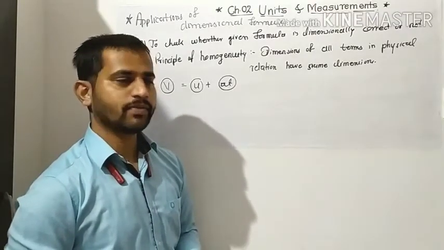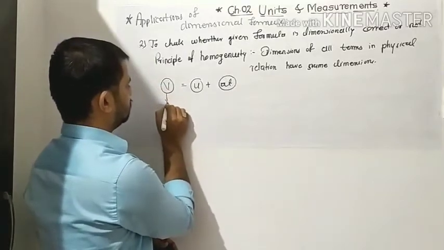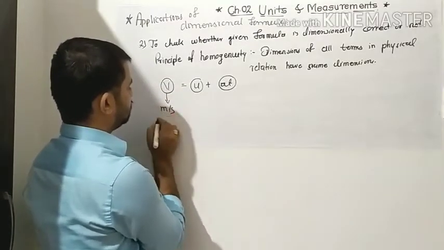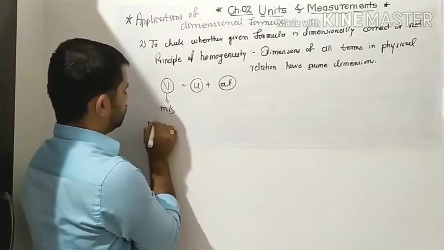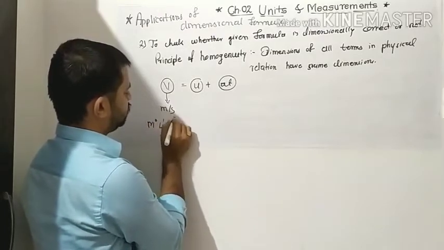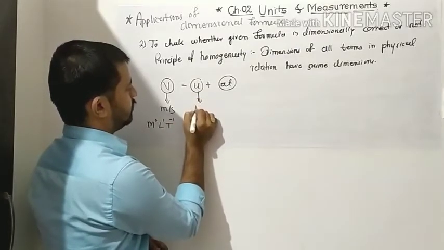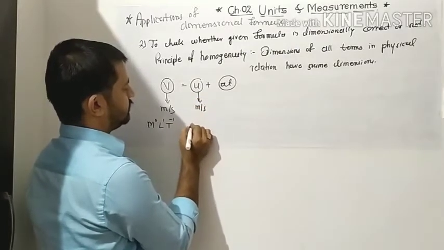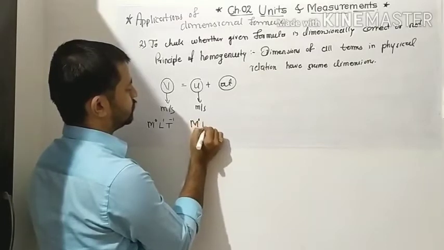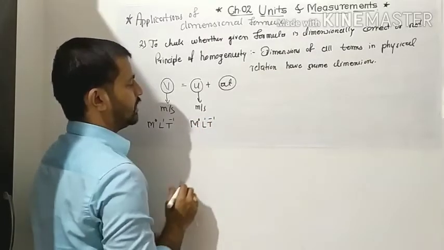We know v is meter per second, so it will be M raised to 0, L raised to 1, T raised to minus 1. Initial velocity is meter per second, again M raised to 0, L raised to 1, T raised to minus 1.